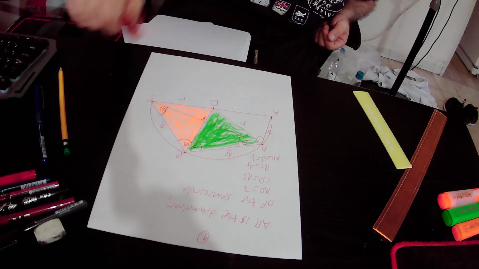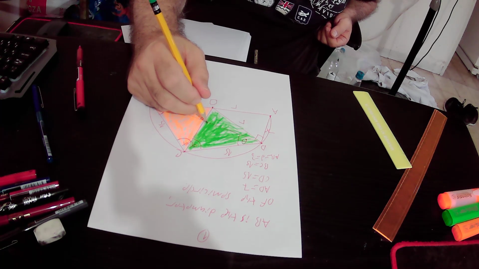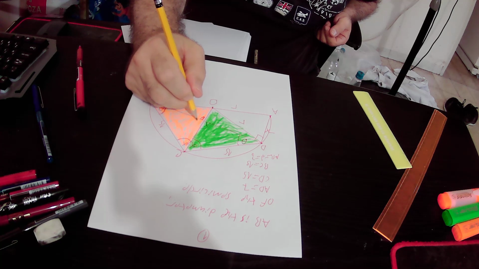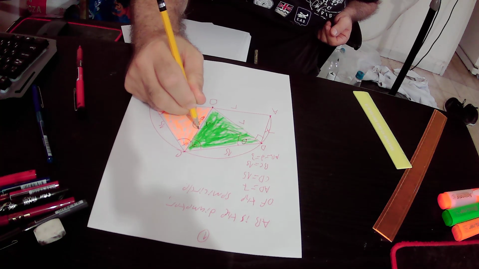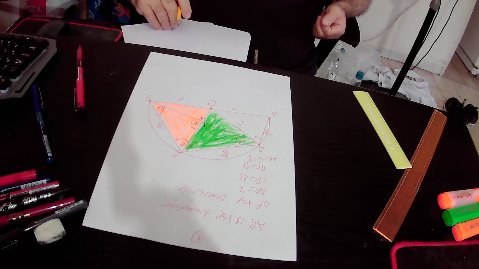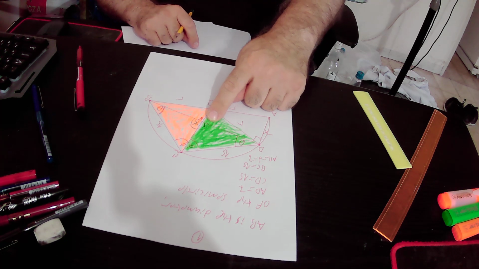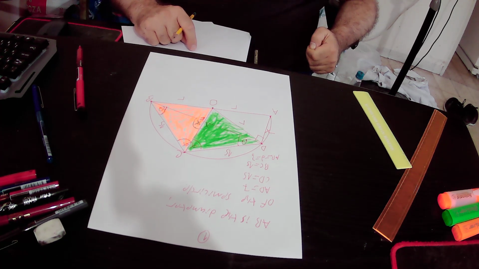So if we define this angle as x, then this angle that equals this angle will also be equal to x. Those two angles are equal to each other, therefore if this angle is x, then this angle must also be equal to x.